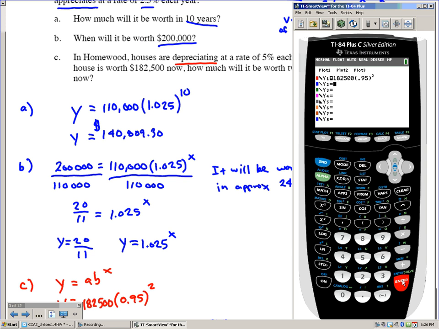Hit enter. Oh, I'm silly. I typed it in here into the wrong thing. Let's go in here and do it in the right section. My apologies there. 182,500 times 0.95 to the second power.